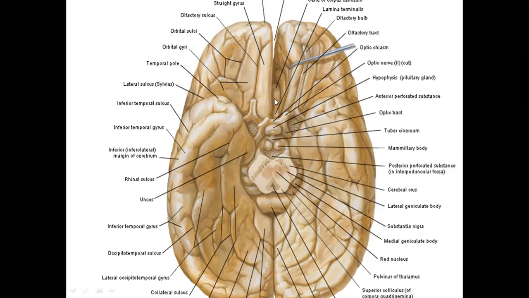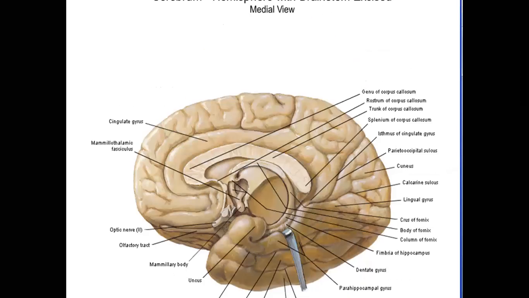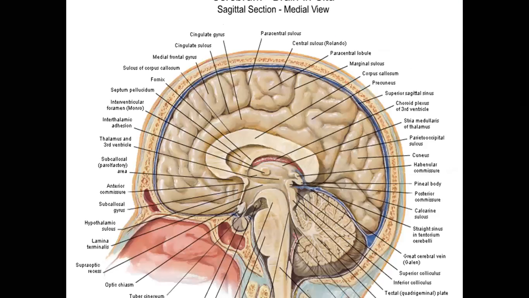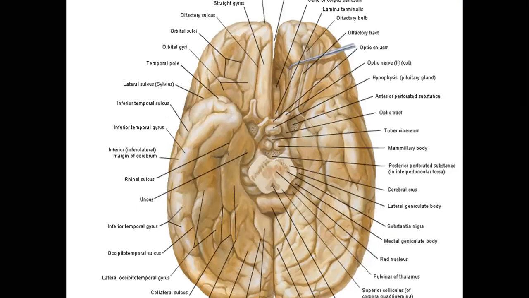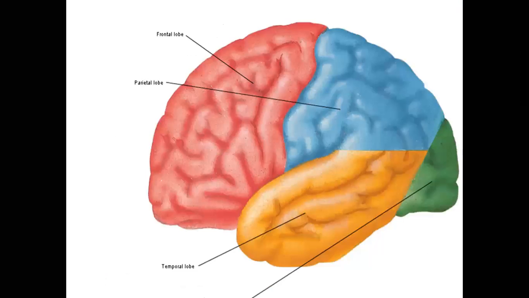Now, these are the various gyri and sulci of the brain, and due to these you can divide the brain into four lobes, which are frontal lobe, with different colors you can make out, parietal, occipital and temporal. Between the parieto-occipital sulcus and central sulcus, you have the parietal lobe. Behind the parieto-occipital sulcus, you have the occipital lobe.